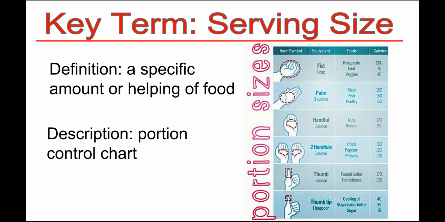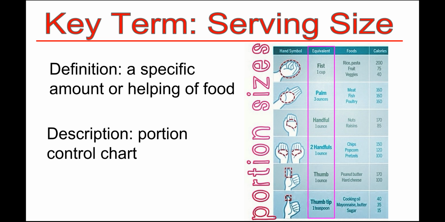For a description, let's refer to the portion control chart at the right. This chart is excellent because it provides an easy way to estimate our portions based on the type of foods we eat. Please keep in mind that age and physical activity levels influence our portion size.